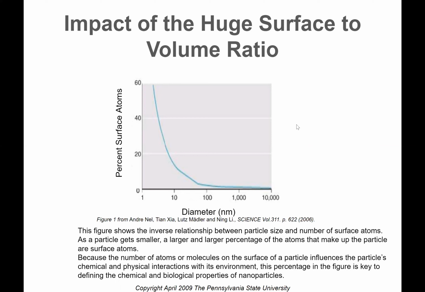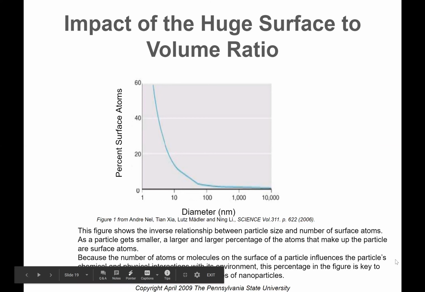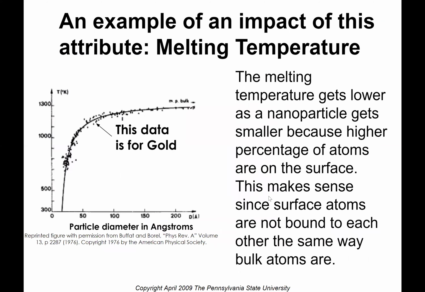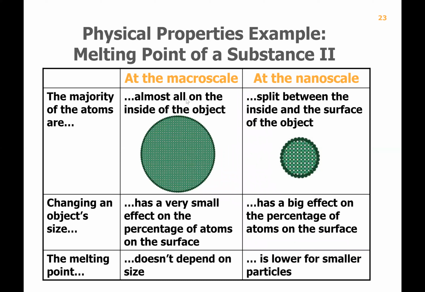That's really crazy high. Whereas if we have 100 or 1,000 or 10,000 nanometer diameter, a very, very small percentage of the atoms are actually on the surface. And let me just go to this one. This shows it in an animated, cartoony way. So in a macro particle, almost all of the atoms are inside of the object, right?